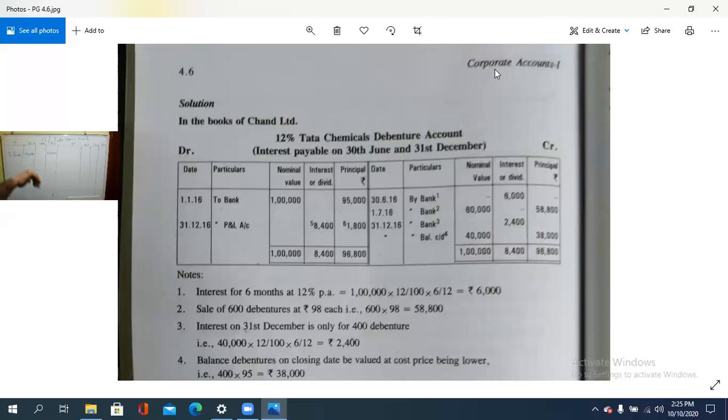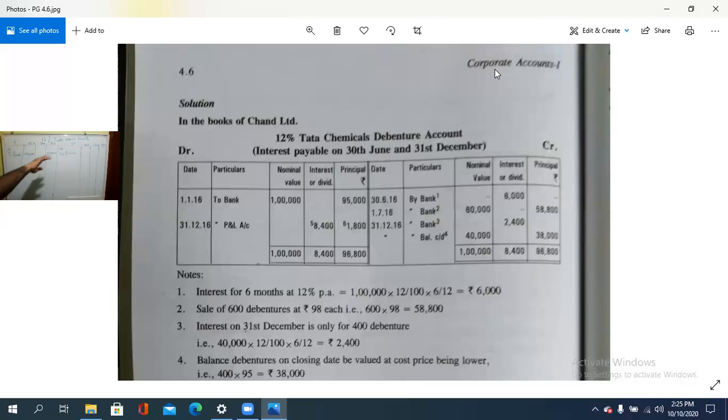Interest for 6 months, because half yearly interest is to be paid one time, and then next at the end of the accounting period. Half yearly means on 30th June interest is to be paid. So this is dated 1/1/16, and this is 30/6/16 interest.